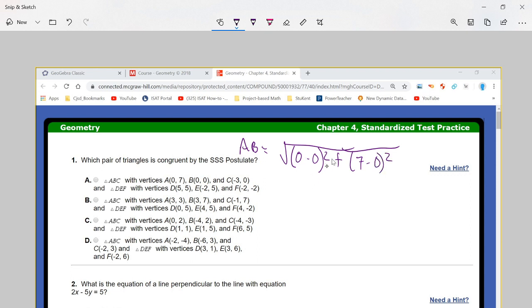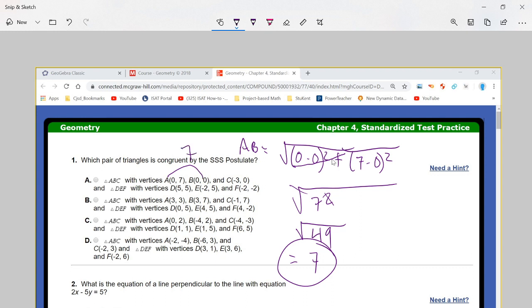So 0 squared is 0, plus this whole thing just goes away, so really we're just looking at 7 minus 0, which is 7, and that's 7 squared, equal to the square root of 49, which is equal to 7. That's going to cancel these guys out, right? So 7 is my answer for AB.